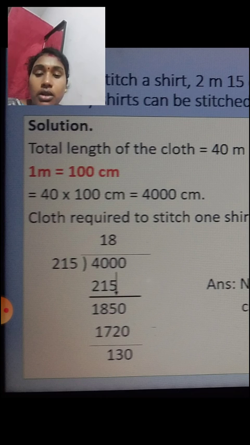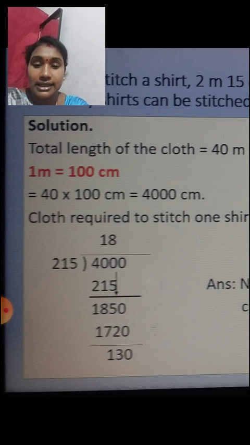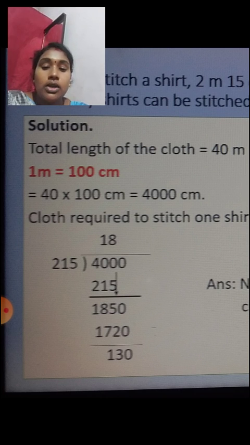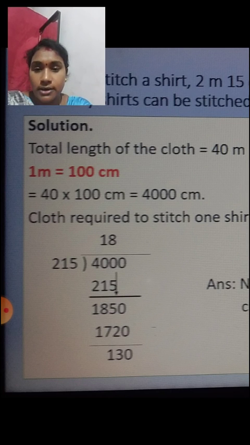When 215 is subtracted from 400, you get 185 as the answer. Once you get 185, you compare it with 215. Is it a smaller number than 215?